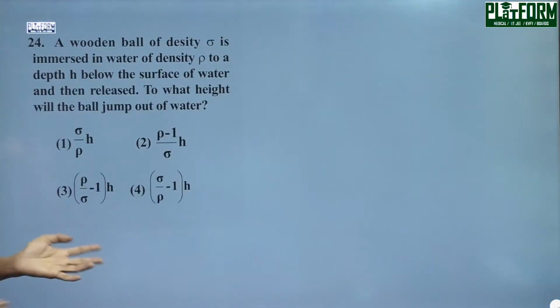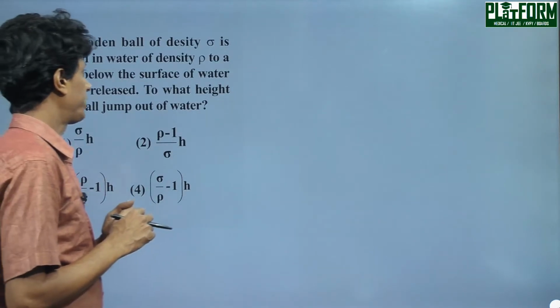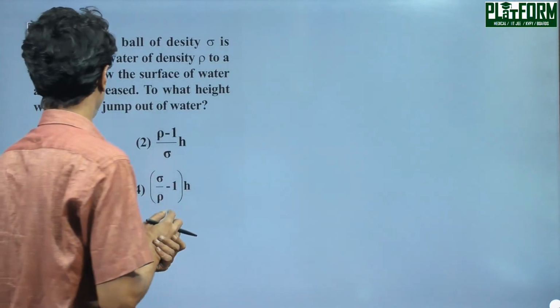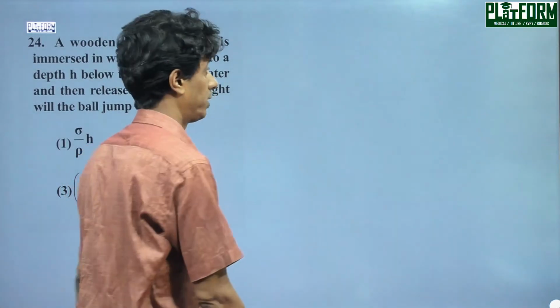Next problem, number 24. A wooden ball of density sigma is immersed in water of density rho to a depth h below the surface of water and then released.